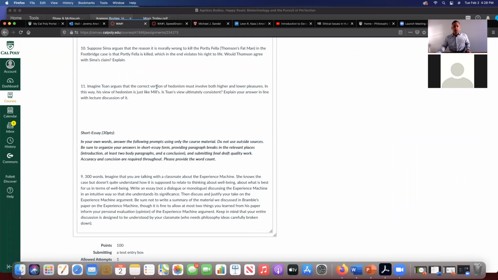Okay, so remember what Thompson wants to claim is that it is true that Portly's right to life would be violated, but the mere violation of the right to life isn't enough to establish the moral wrongness of killing Portly in the footbridge case.